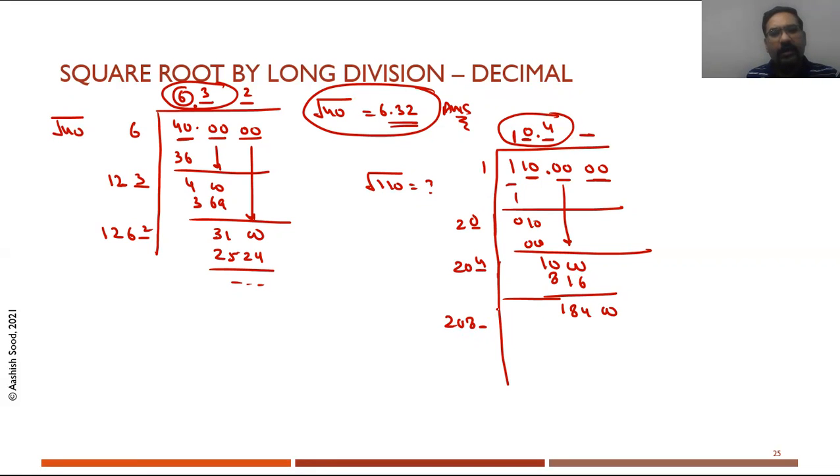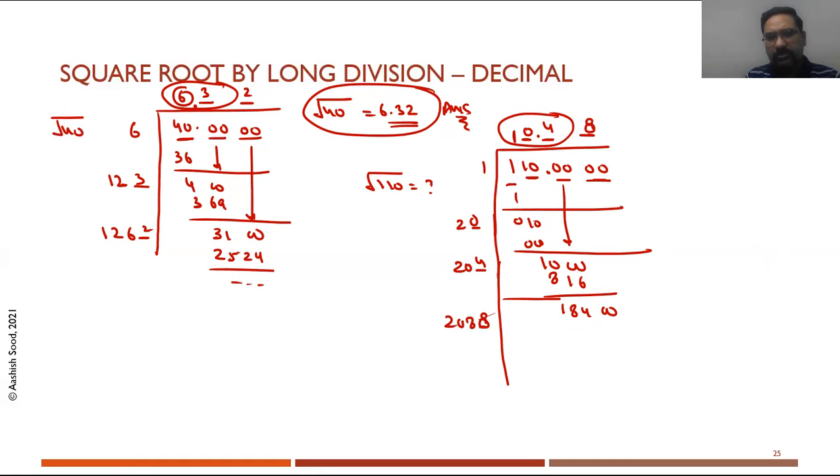Now 208, and I can very safely put in 9 here. This will come out to be 18 and 720 something. So no, I can't put 9. I'll have to put 8. And now I need to multiply 2088 into 8, which will come out at 16704.